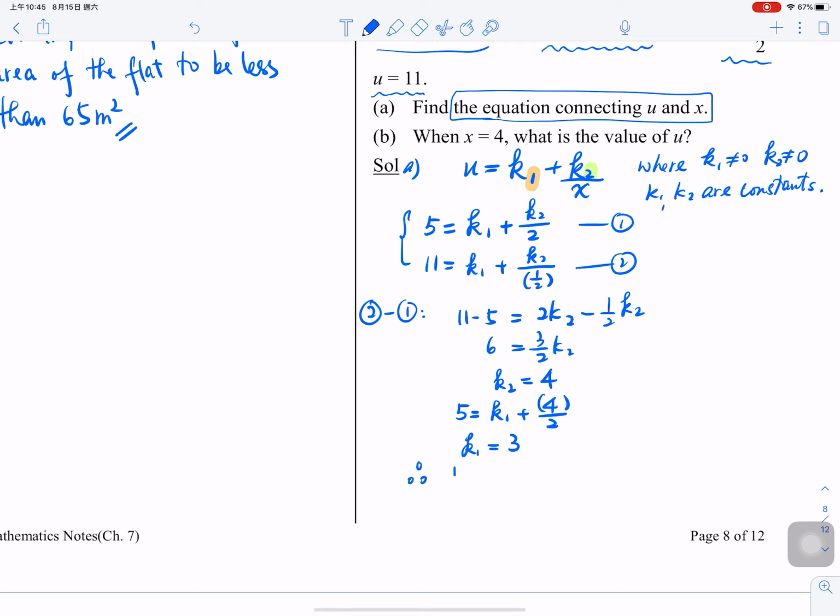As a result, u equals 3 plus 4 over x. This is the equation connecting u and x. Understand? B. When x equals 4, what is the value of u? Just substitute, right? So u equals 3 plus 4 over 4. So at the end, u equals 4.